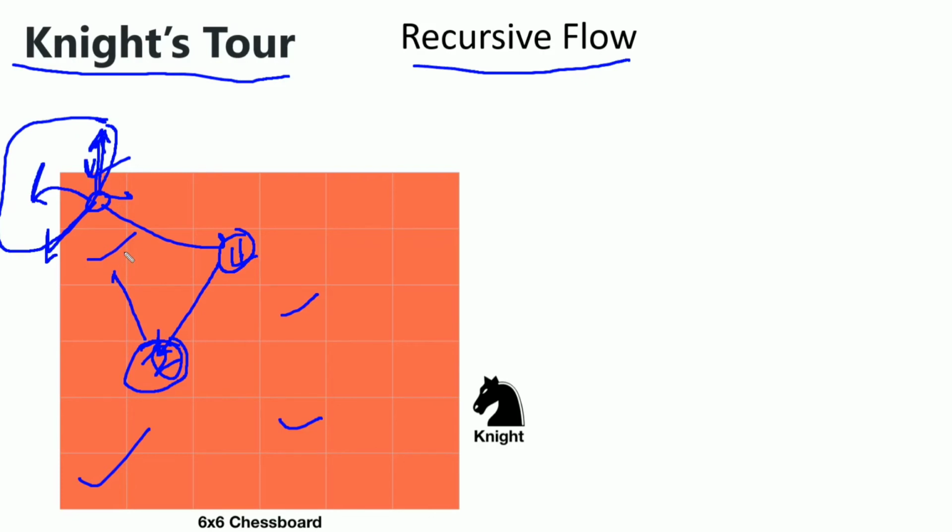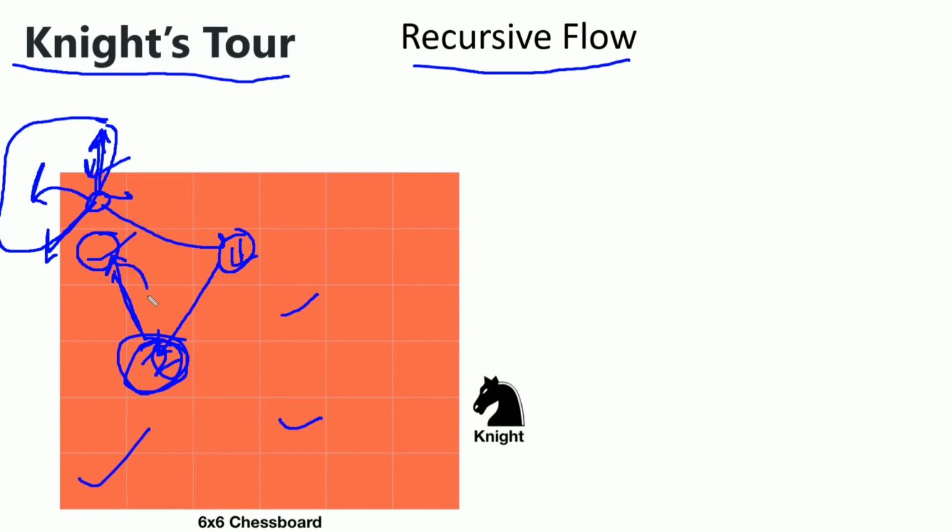So suppose this square has been visited. Now from this position, the knight is trying to make a choice. Suppose the knight went to this position, it finds that this square is already visited. So this is a constraint. This is also a constraint, it is already visited.